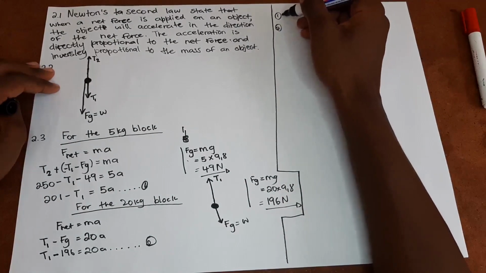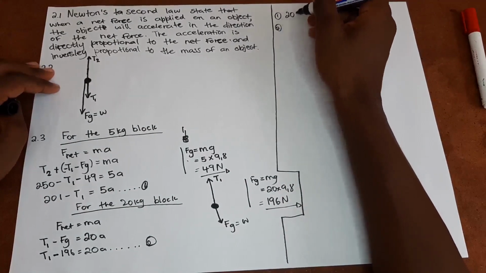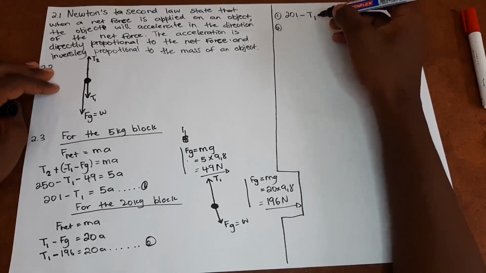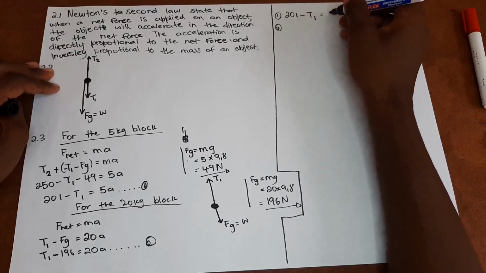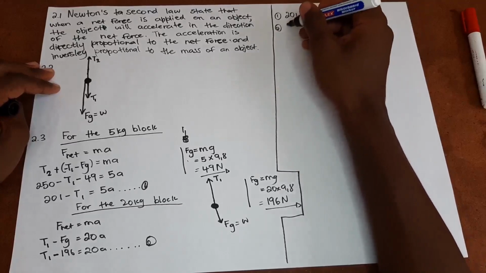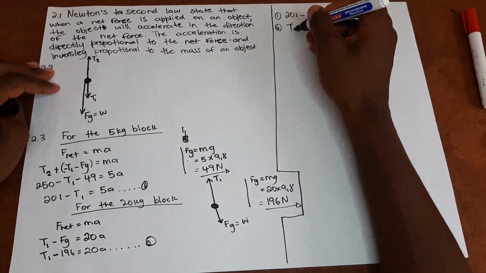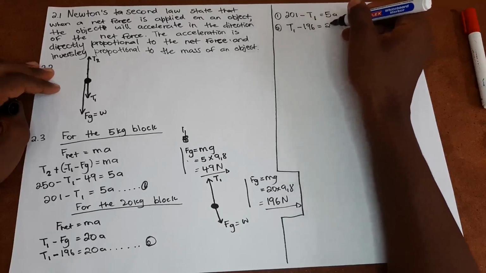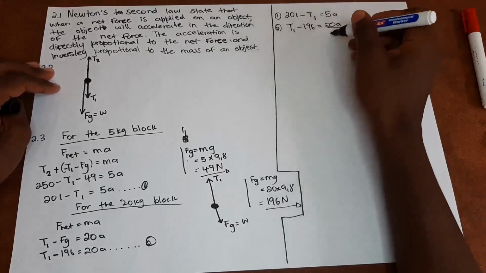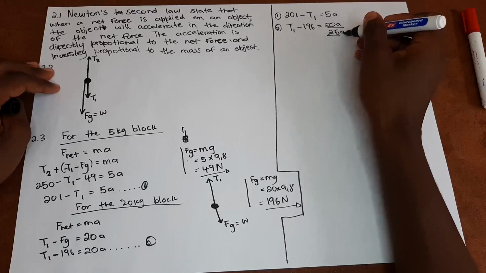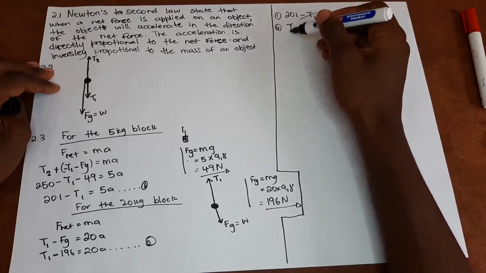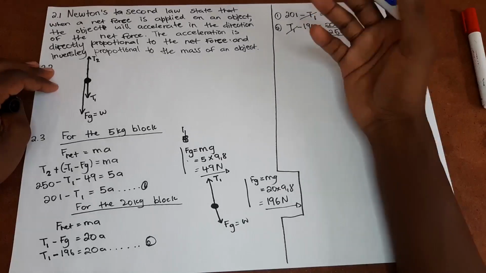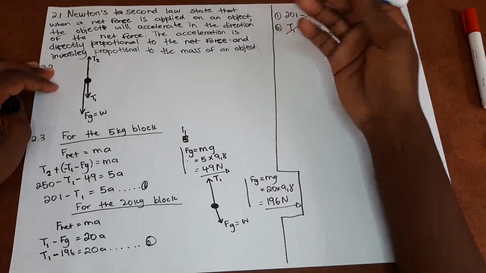Equation 1 is 201 minus T1 is equal to 5A. Equation 2, T1 minus 196 is equal to 20A. So this becomes 25A. This one cancels this one, opposing each other, negative and positive, the coefficient of 1 gives 0.